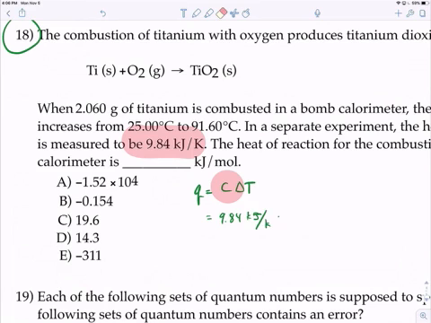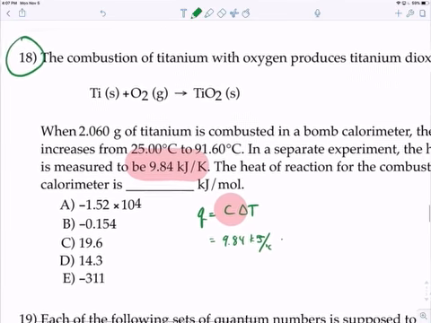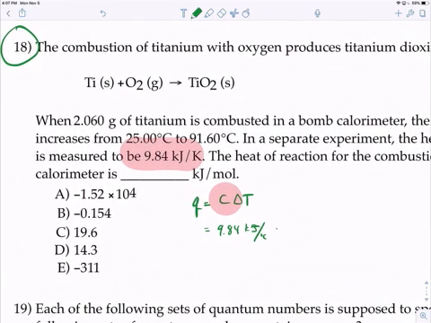I'll write it as degrees Celsius, since it is the same unit as Kelvin in magnitude, but you can't use them interchangeably in multiplication or division. And this is 91.6 minus 25.